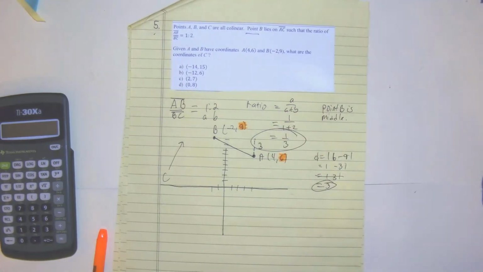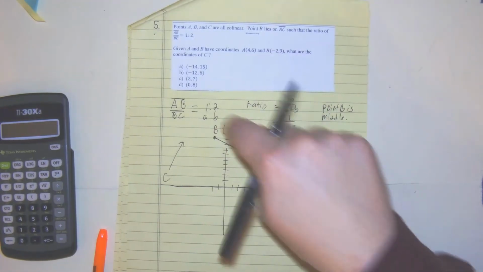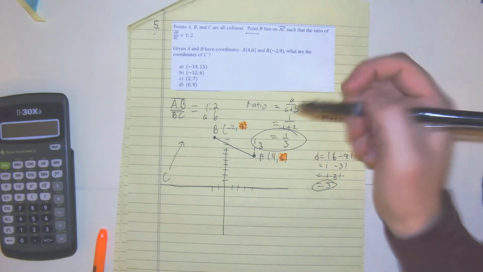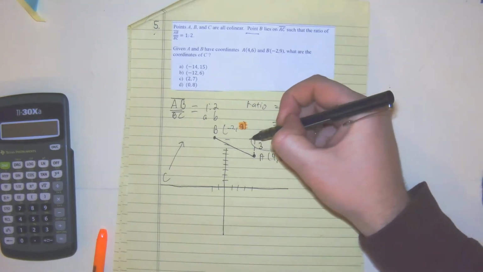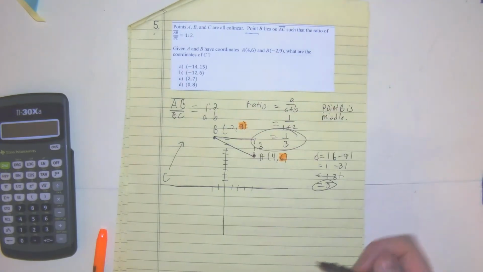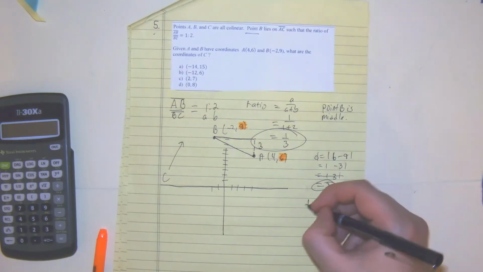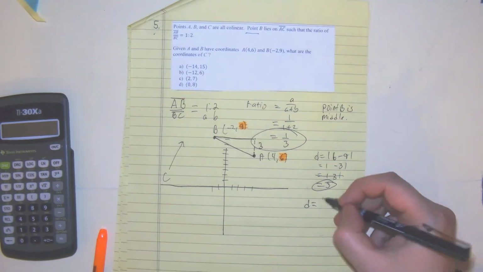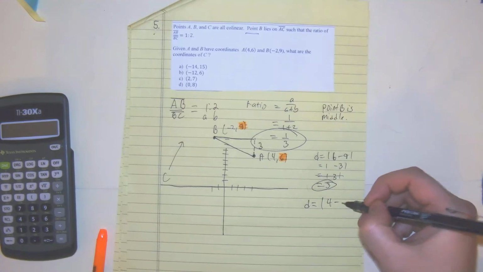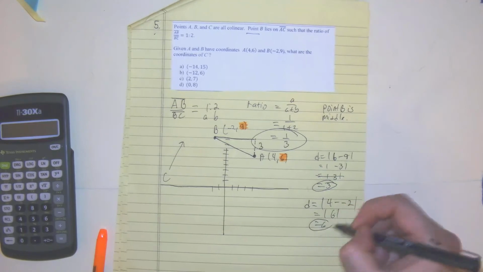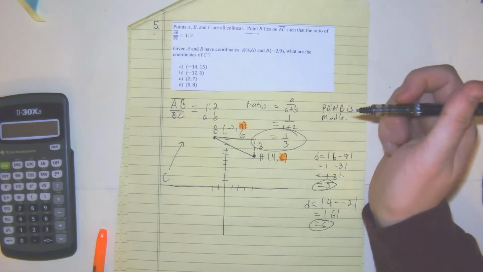So it looks like here we have a rise of 3. Now let's focus on the x's. It's going from 4 to -2. We can do the ruler postulate as well. D is equal to the absolute value of 4 minus -2, which is the absolute value of 6, which is equal to 6. So the distance between 4 and -2 is 6.